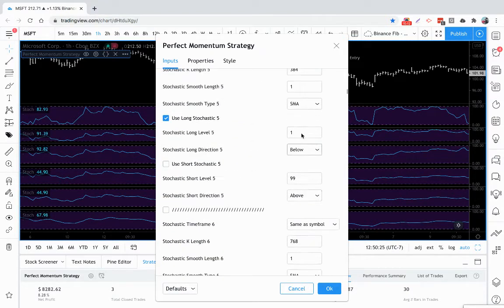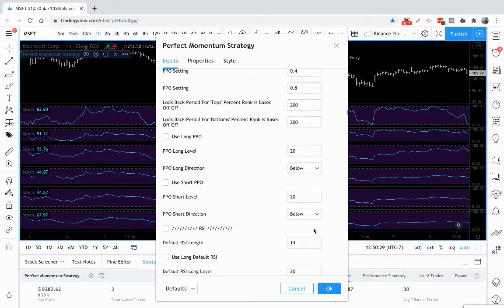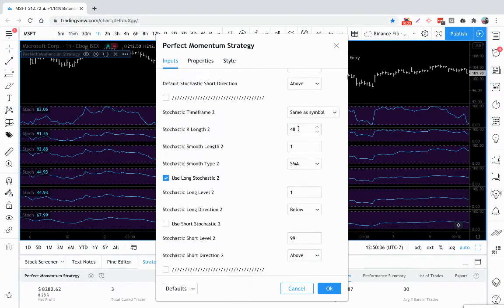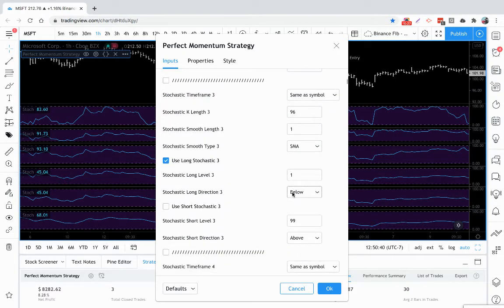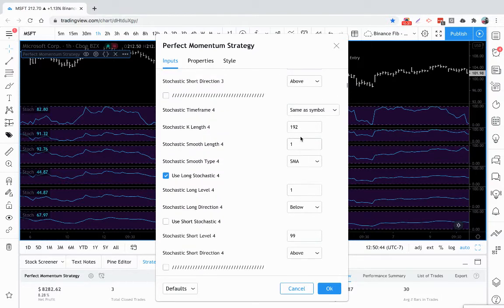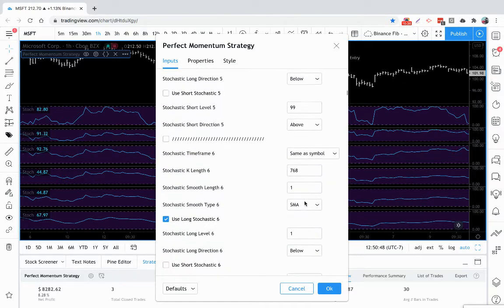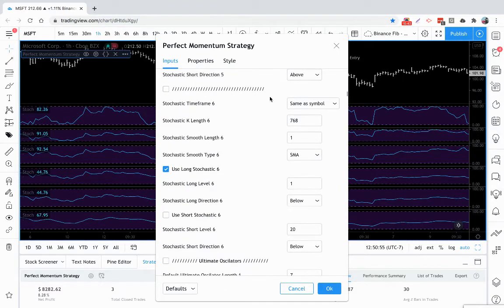Same symbol. So we have the other stochastics beneath 1: 24, 1, 1; 48, 1, 1; 94, 1, 1. That looks good. 192, 1, 1. 384, 1, 1. 768, blank smooth on stochastic.